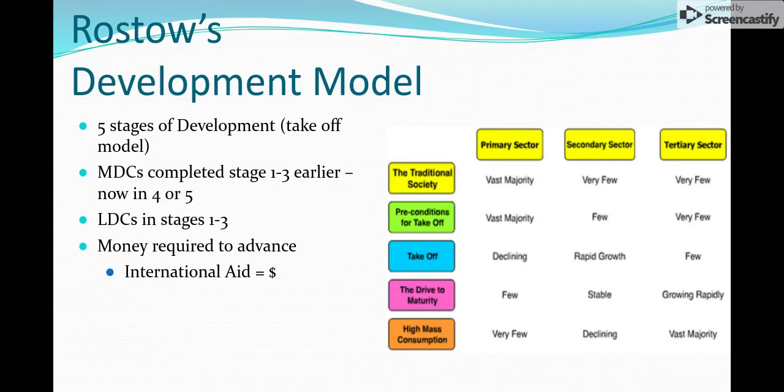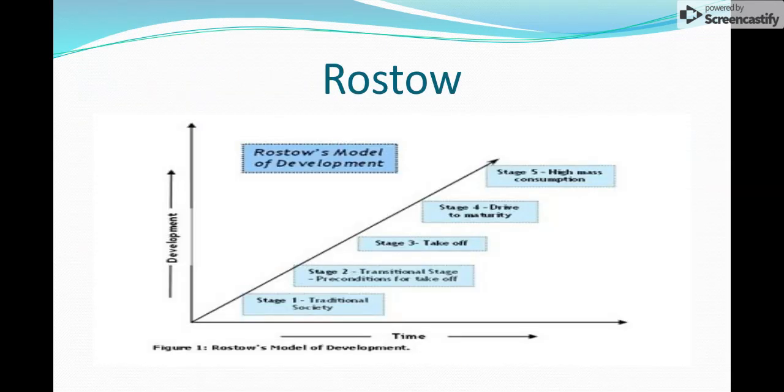Today, there is no real economy or country in the traditional society. There are still some people in the interior lands of sub-Saharan Africa, the Bushmen, and the Aborigines living in some interior parts of Australia and New Zealand that still exist like this. But for an entire country, no country today is still in the traditional society.